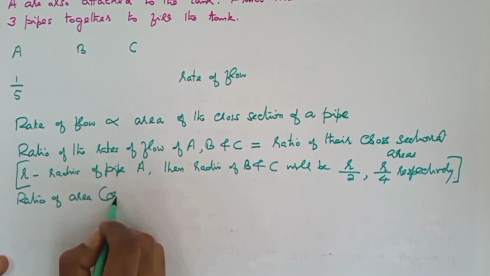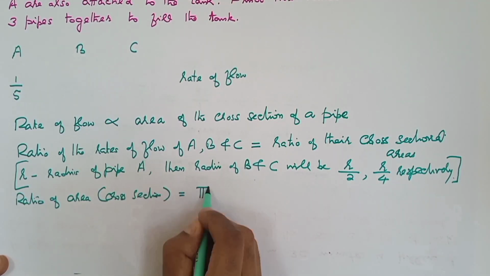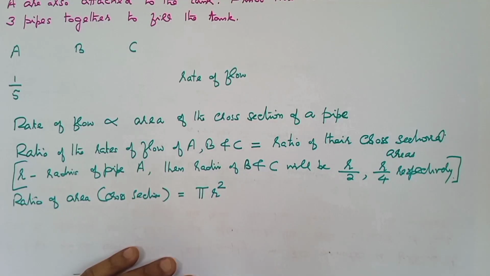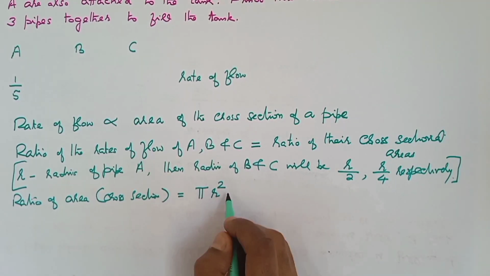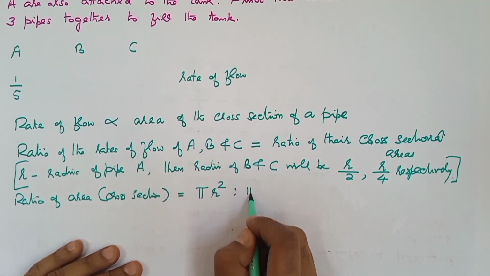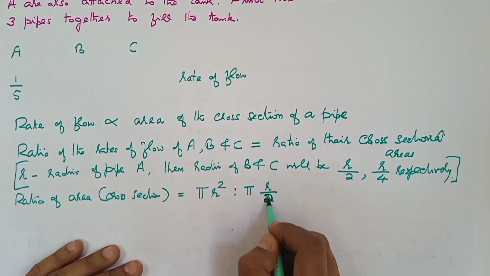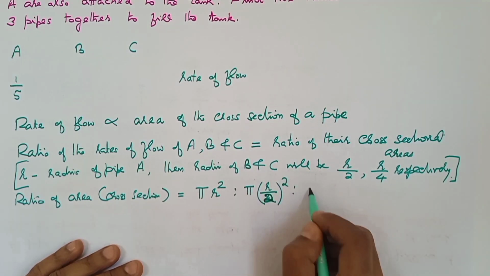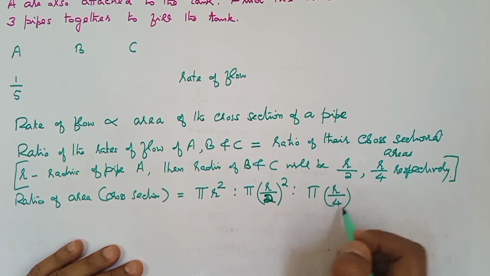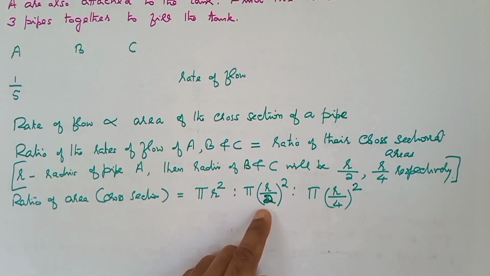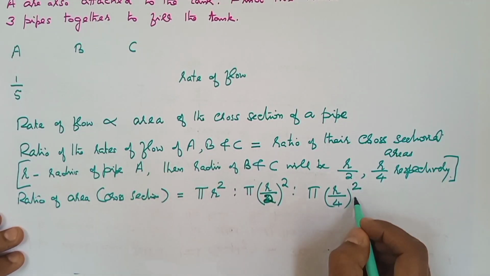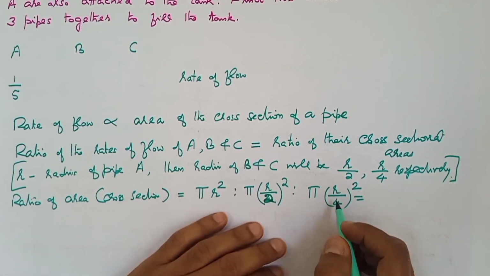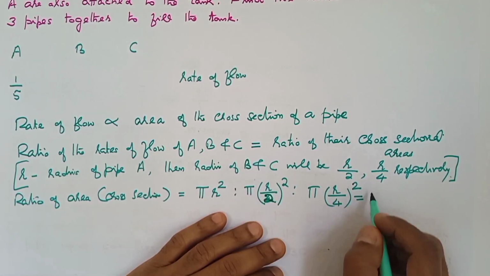The cross-section of the pipe will be a circle, so the area of pipe A is pi R squared. Then pipe B will be pi (R by 2) squared, and the other one will be pi (R by 4) squared, because this is 1/4 and this is 1/2. Now pi goes, R squared also goes.